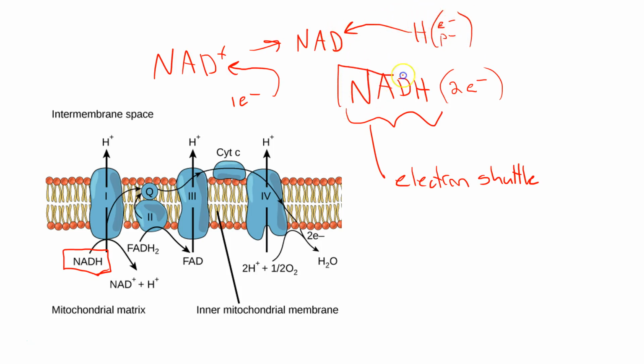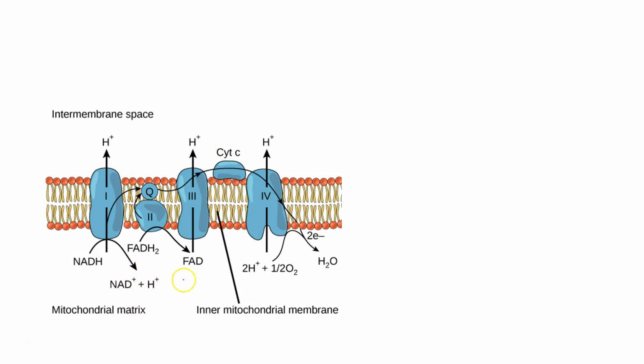So every one of these is going to have 2 electrons. By the way, if I'm adding electrons onto NAD+, what would that be, oxidation or reduction? The answer is that NAD+ would be being reduced, okay? So here's the story, all right? Here's what's going on. NADH is carrying with it electrons, and specifically 2 electrons.